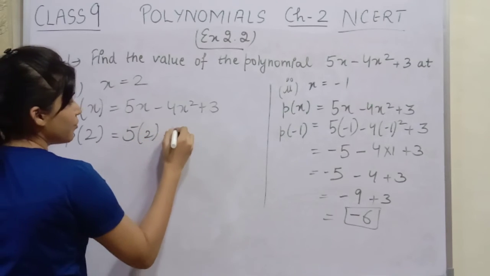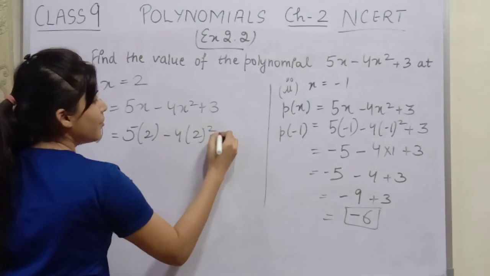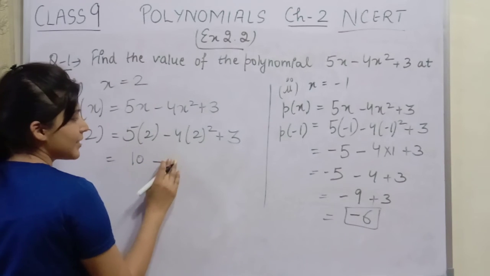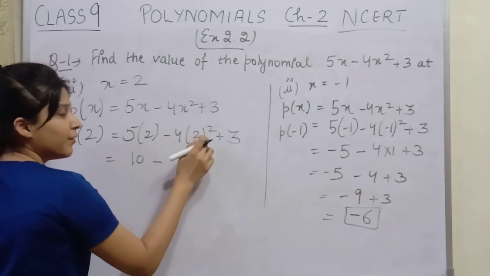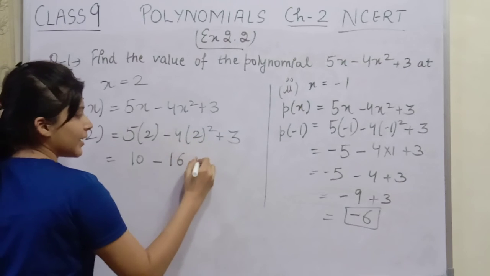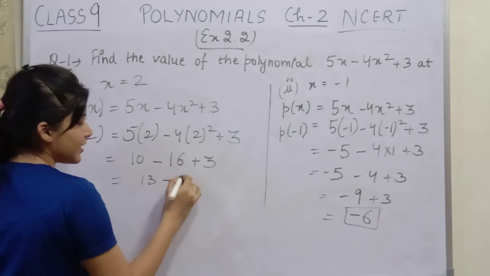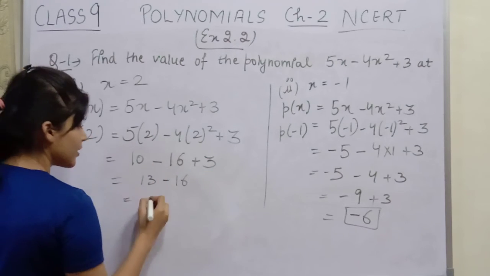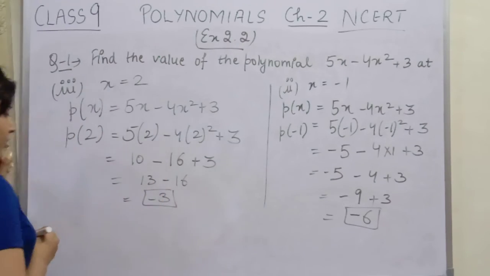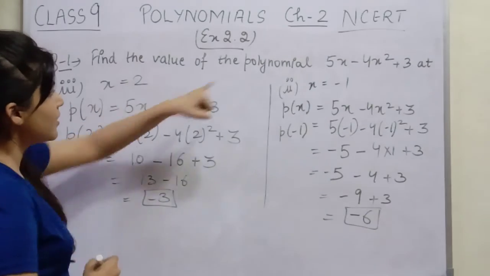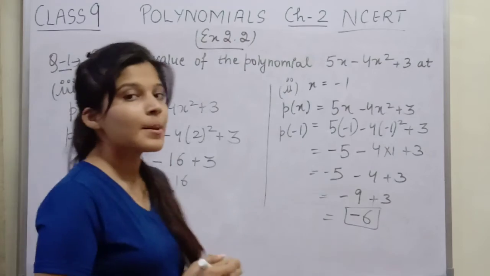So 5 into 2 minus 4 into 2 squared plus 3 as it is. So 5 2s are 10, minus as it is, 2 2s are 4, 4 4s are 16, plus 3. So this is 13 minus 16, because 10 plus 3 is 13. So this will be minus 3. So at x equals 2 we have the value of this polynomial as minus 3.